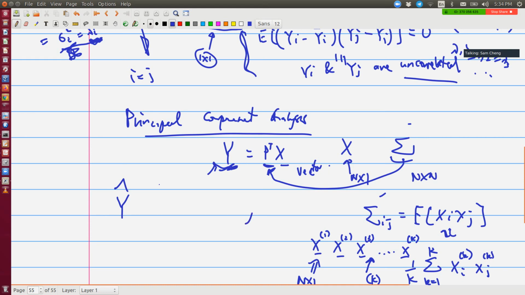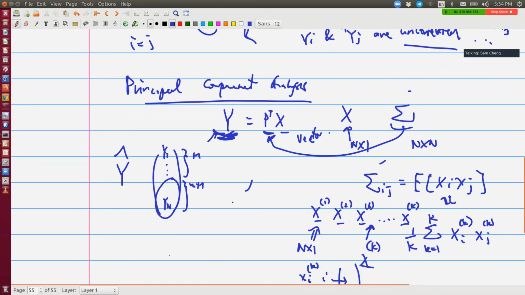So I'm not going to have to keep the entire y here. I only keep the first couple of elements of y. So for example, I keep the first m elements, right? Originally y is y1 up to yn, but from m plus 1 onward, I just take it as 0.